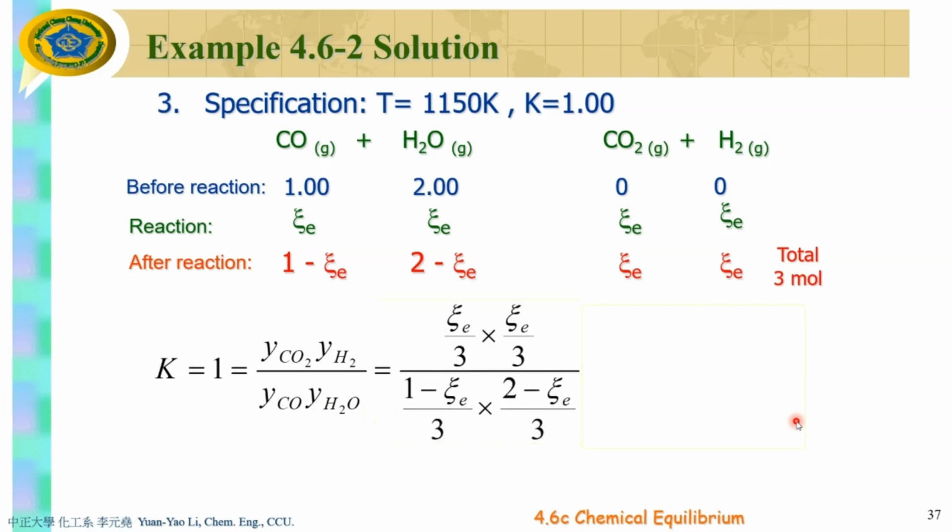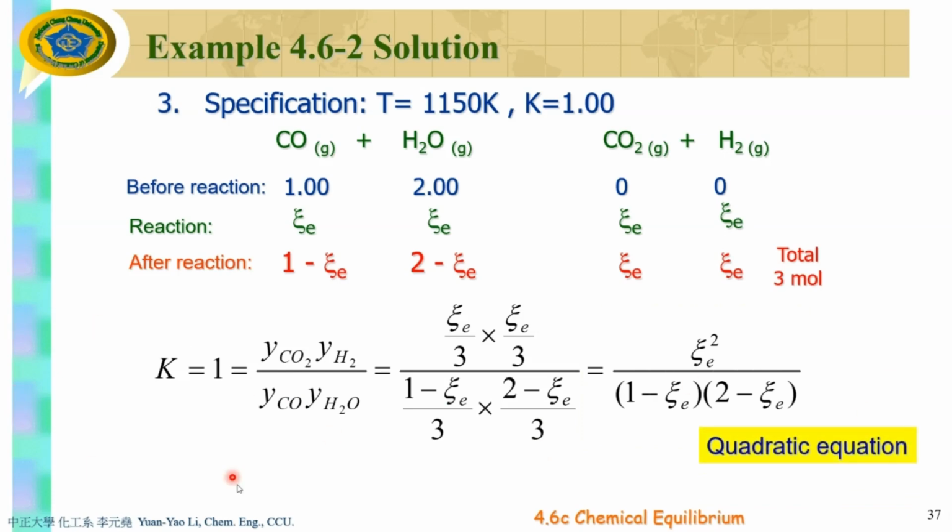So let's write down here. The products are Xe over 3, because the total is 3, and the reactants are 1 minus Xe times 2 minus Xe, divided by 3. Okay, and this is equal to 1.